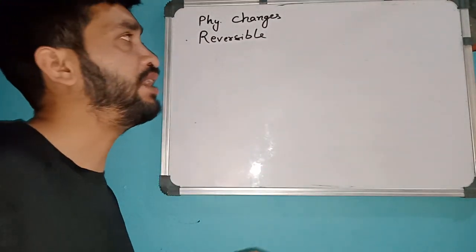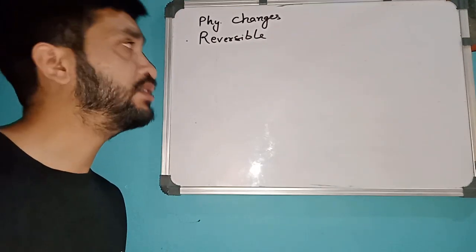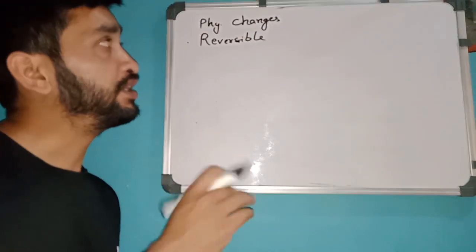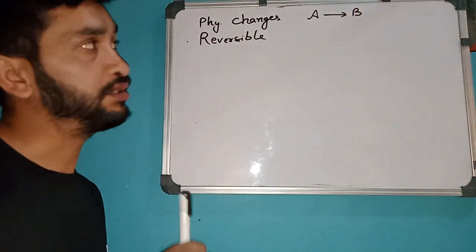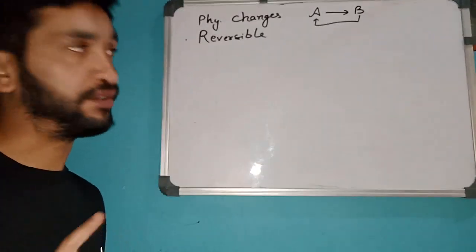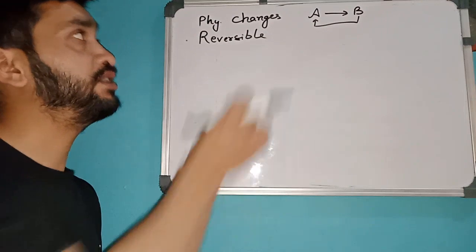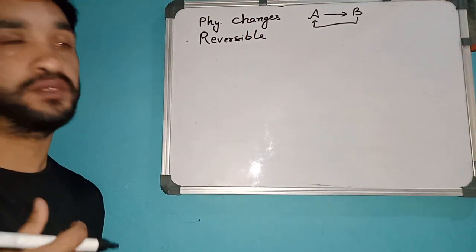On the basis of that, you can judge physical and chemical changes in most cases. Reversible means if A got converted to B, and B is again convertible to A, then it is reversible, and such a process comes under physical changes. Physical changes means reversible changes.